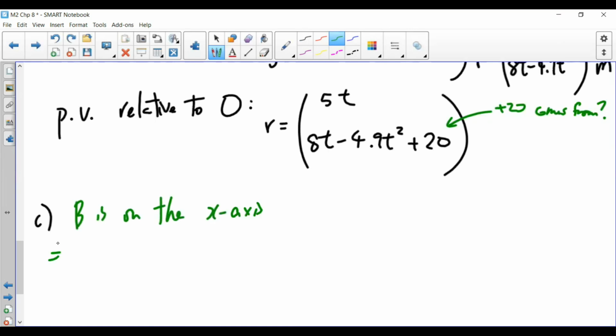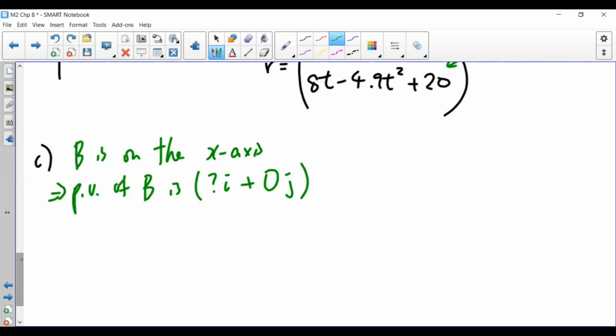Therefore the position vector, you can describe a position vector like coordinates. The coordinates of B, but we can't say coordinates here because it's a vector plane. So the position vector of B is something i plus 0j. So what we can do is make the j component of R equal 0.